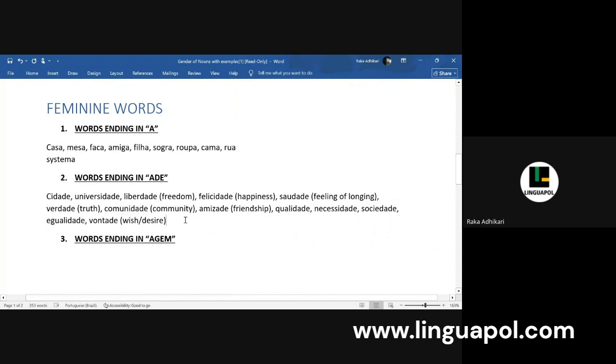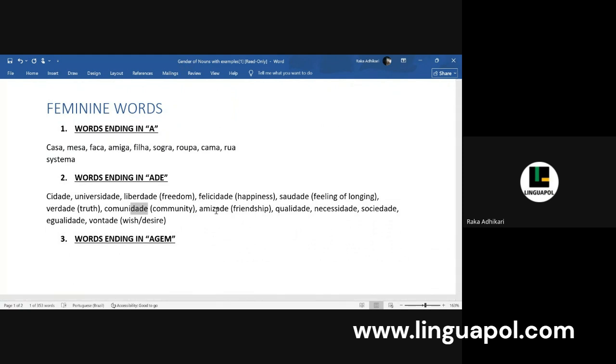Most of the words that end in ty in English, like city, university, community, in Portuguese become dade: comunidade, universidade, cidade. This is a common observation. It doesn't have to be a proper rule, but it's a theory.